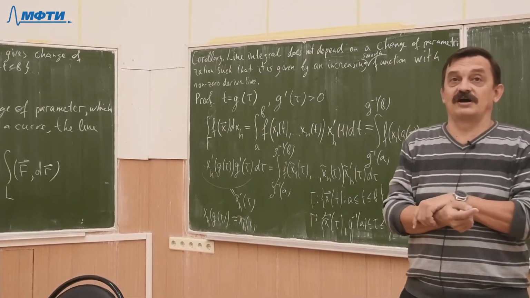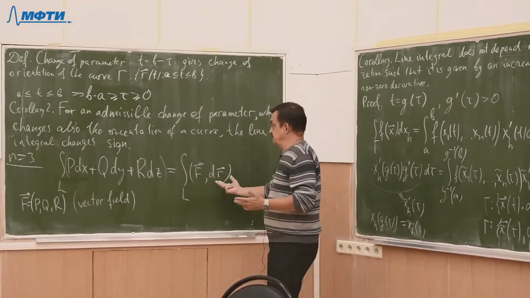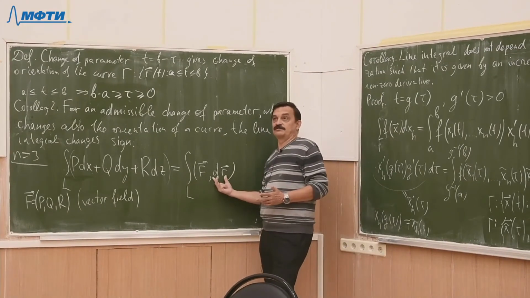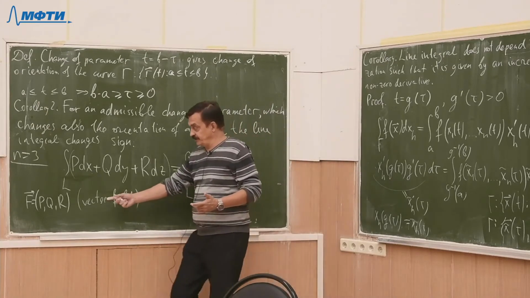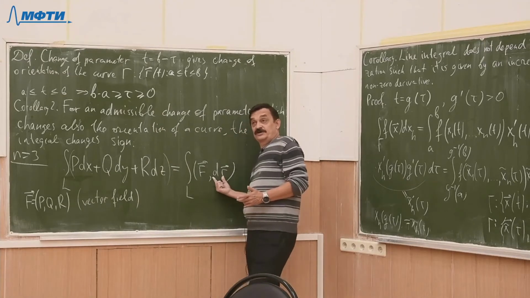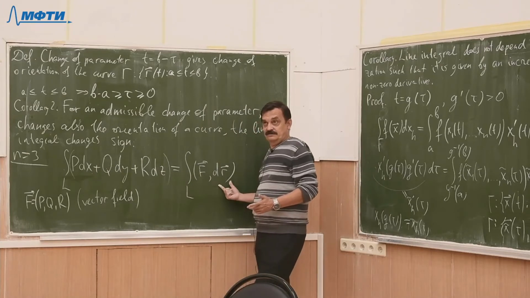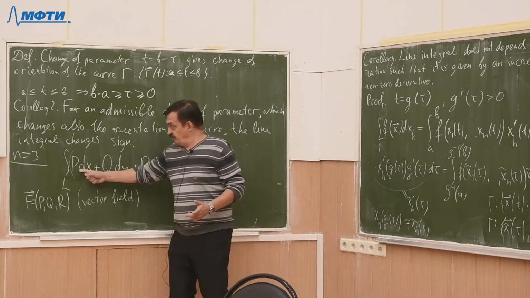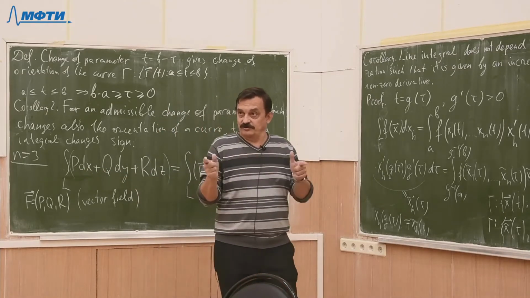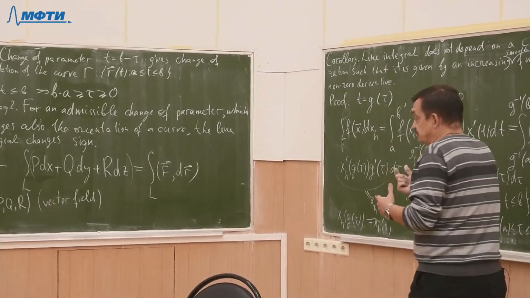F times dr. Of course, it makes no sense, right? What is to multiply by dr? But it is just a formula. If you know 3 coordinates, right? What are the coordinates of the differential of a vector function? dx, dy, dz. So we multiply. Scalar multiplication, the sum of products of corresponding coordinates, right? That is just a notation.